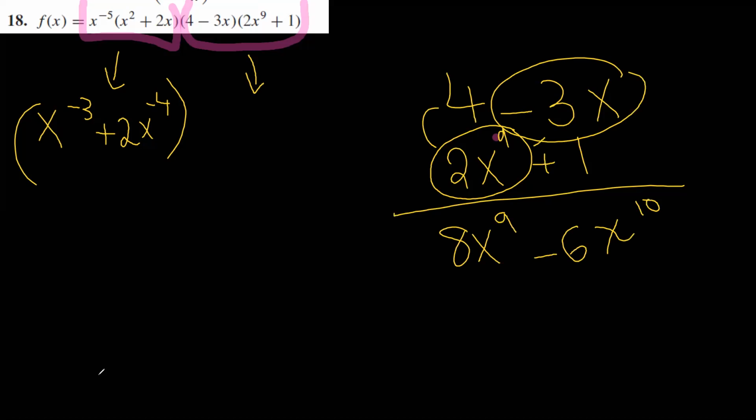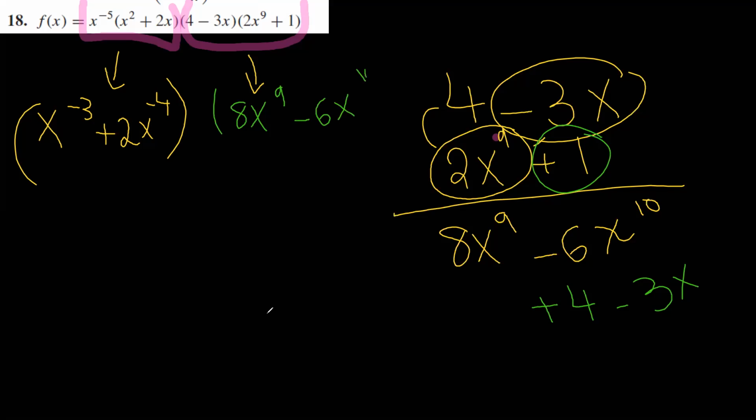Then I want you now to multiply this one with 4. You will say plus 4 minus 3x. So after that, the new function is 8x to the power 9 minus 6x to the power 10 minus 3x plus 4. So now I wrote them as two functions.